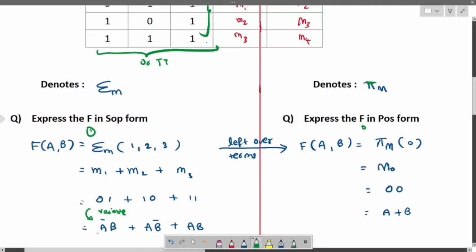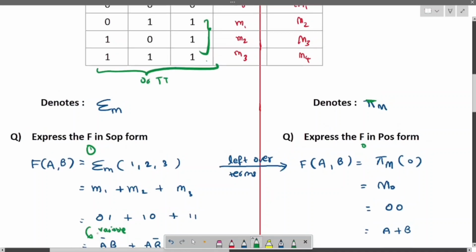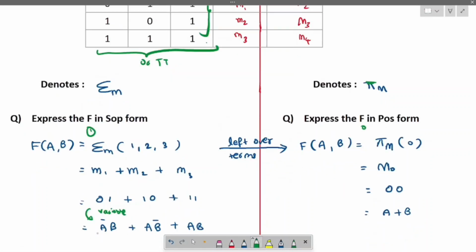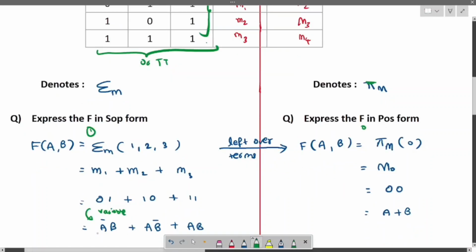Now the same thing with POS. POS is represented in terms of maxterms, denoted with pi of capital M. It is a function of 0, so write capital M 0, in the form of 0 0.